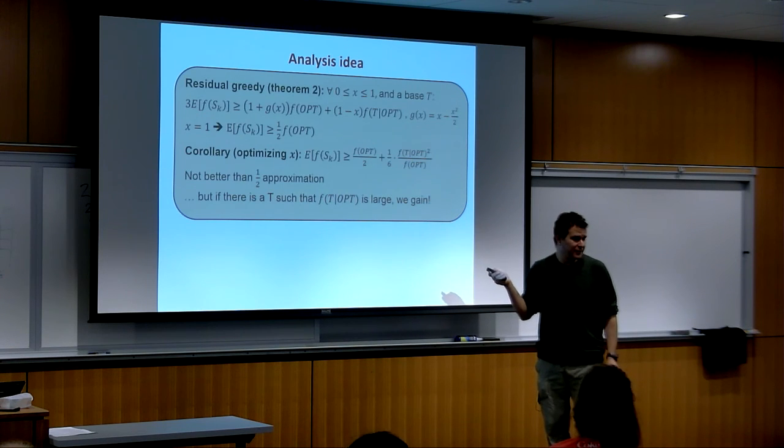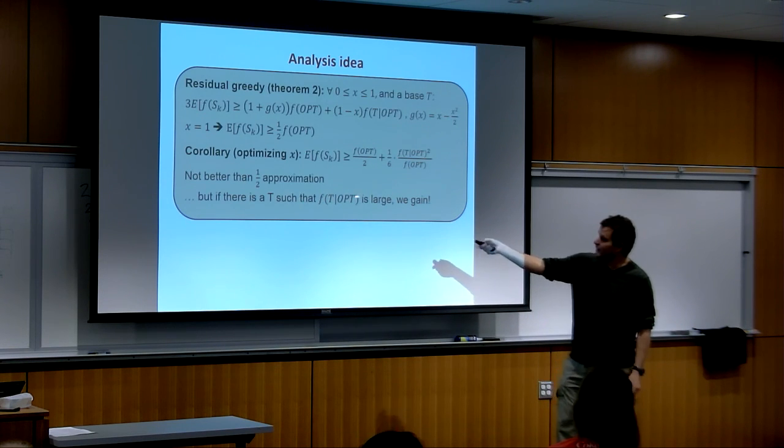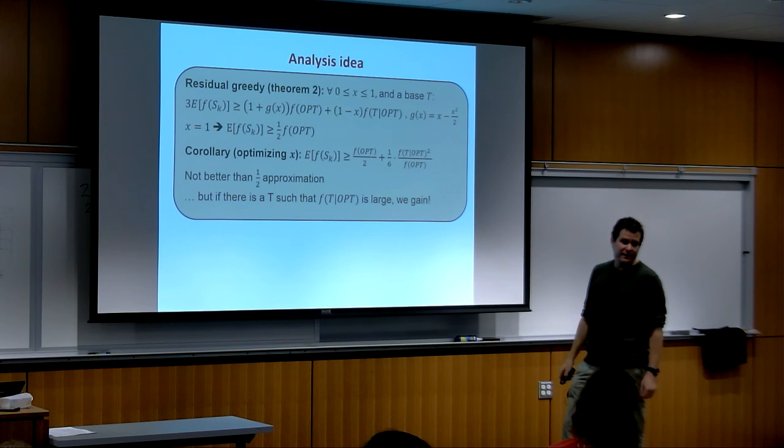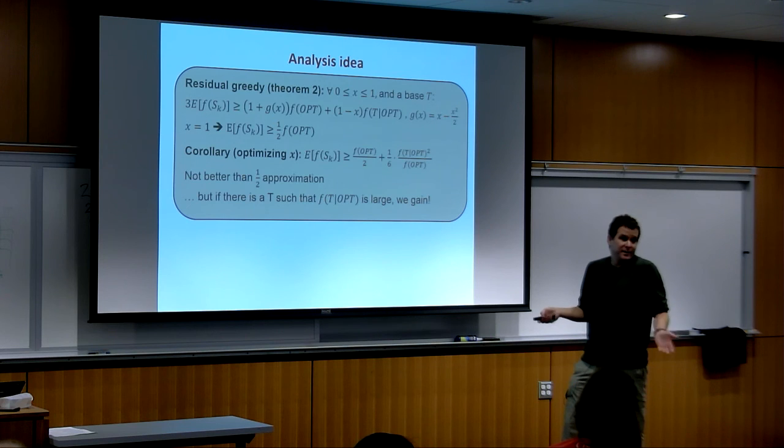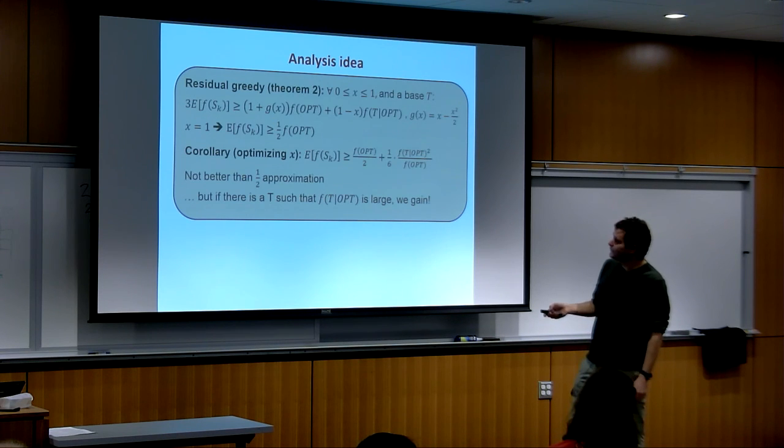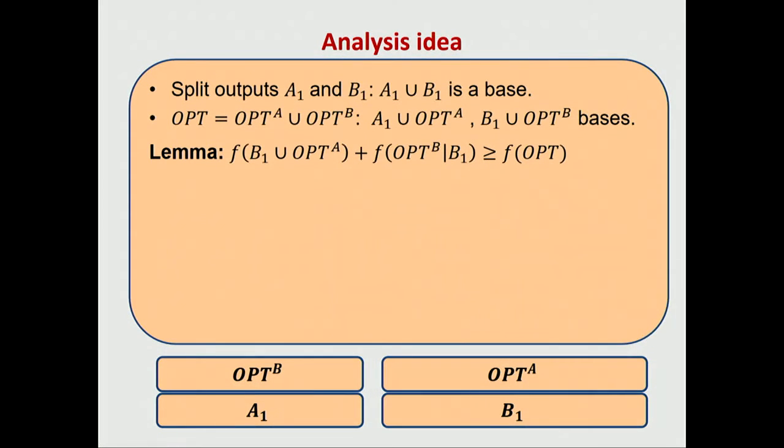So if there exists such a subset, it will give you better than half, but it is unclear if there is such a subset in general. But then what are you doing?